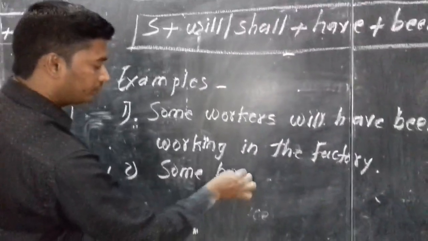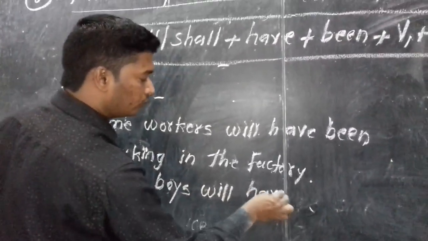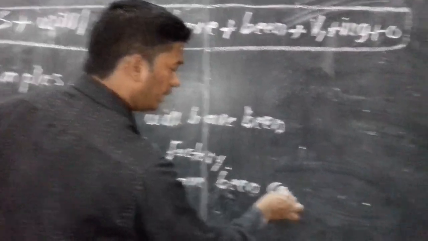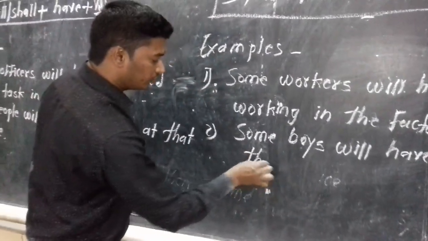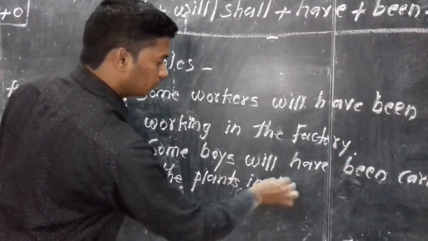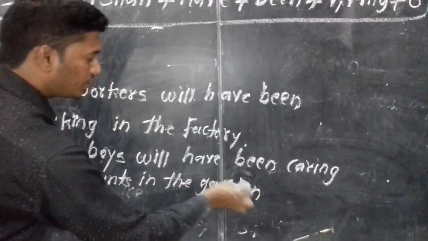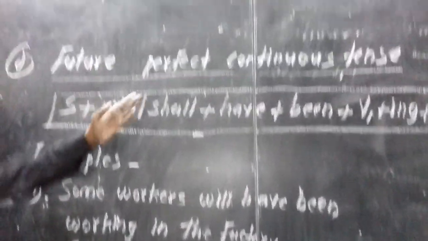Some boys will have been caring for the plants in the garden. Look, these two examples are of future perfect continuous.